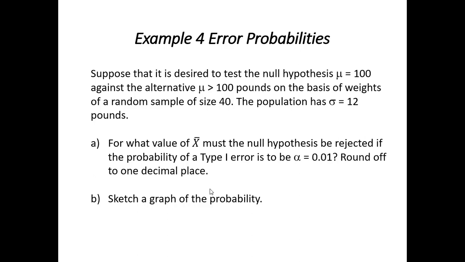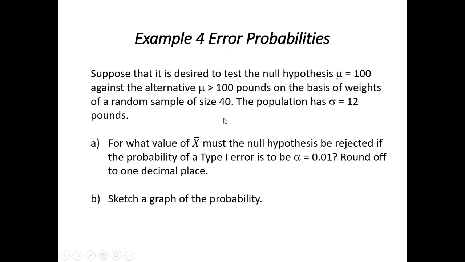All right, in example 4, we're going to examine error probabilities once again, but this is sort of a variation of what we were doing, perhaps in some ways an inverse problem. Suppose that it's desired to test a null hypothesis that mu is equal to 100 against the alternative mu is greater than 100 pounds on the basis of weights of a random sample of size 40.